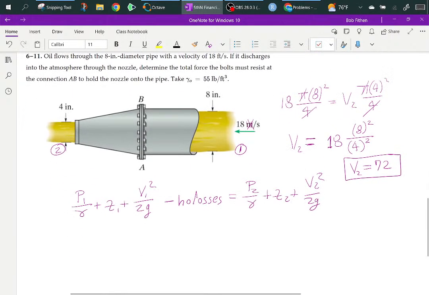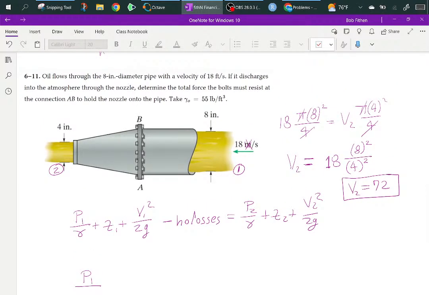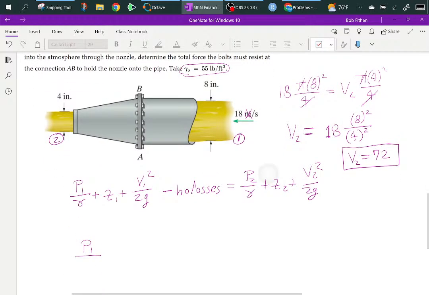So P1 is unknown. Gamma, the oil, he's saying take to be 55, plus the Z1 and the Z2 will make the same.